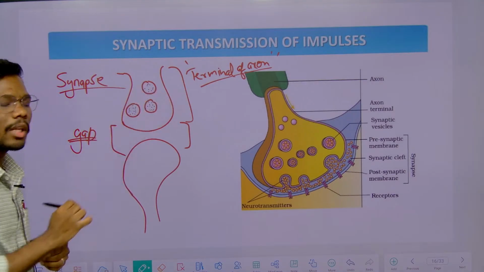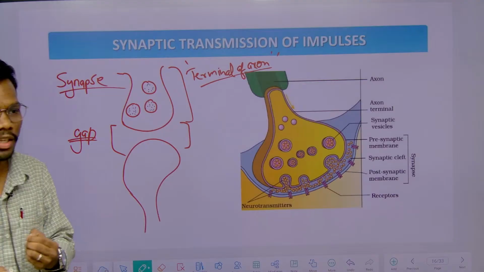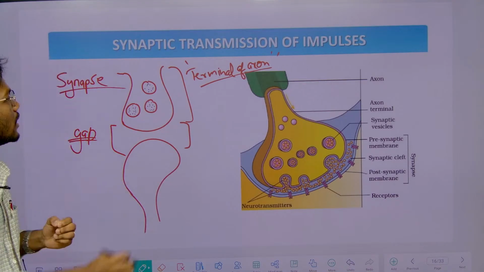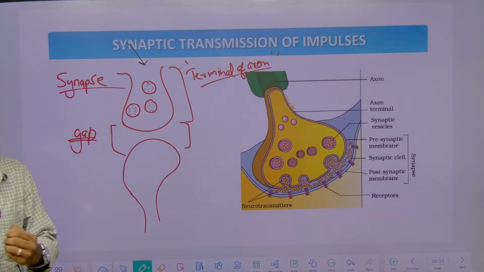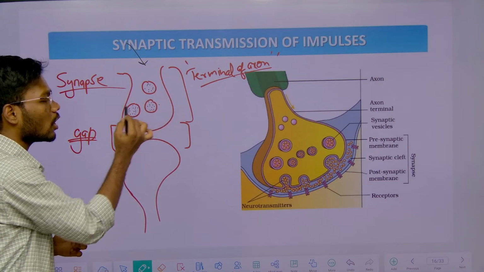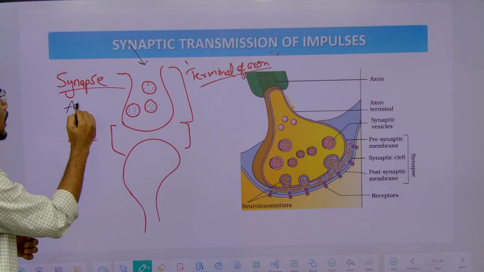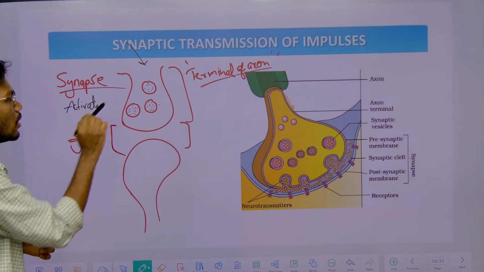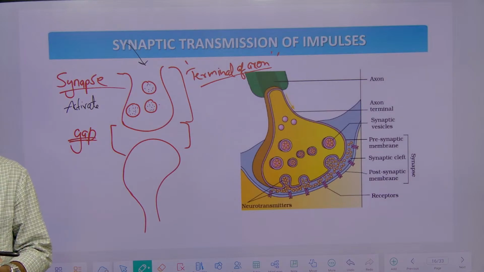So in these synaptic vesicles, neurotransmitters are there. Whenever an impulse is coming, all these neurotransmitters are going to activate.